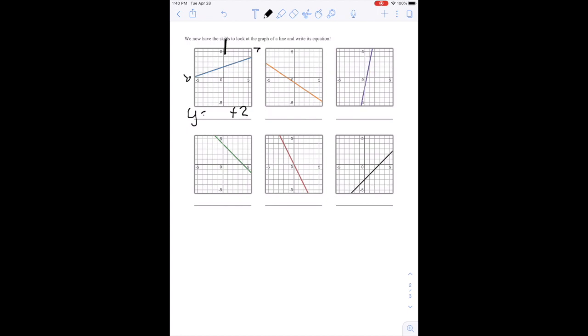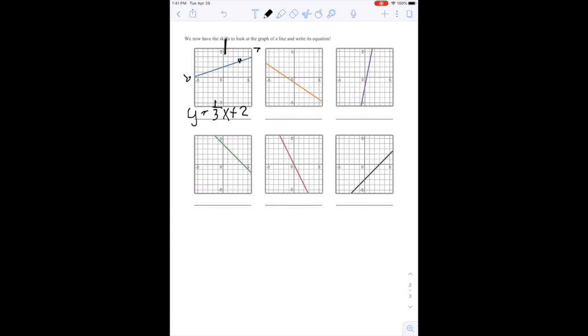So now I have to find a clear point. Let's take this one right here, and I'm going to go up 1, which would be my rise, and over 1, 2, 3 for my run. So my equation is y equals 1/3 x plus 2.